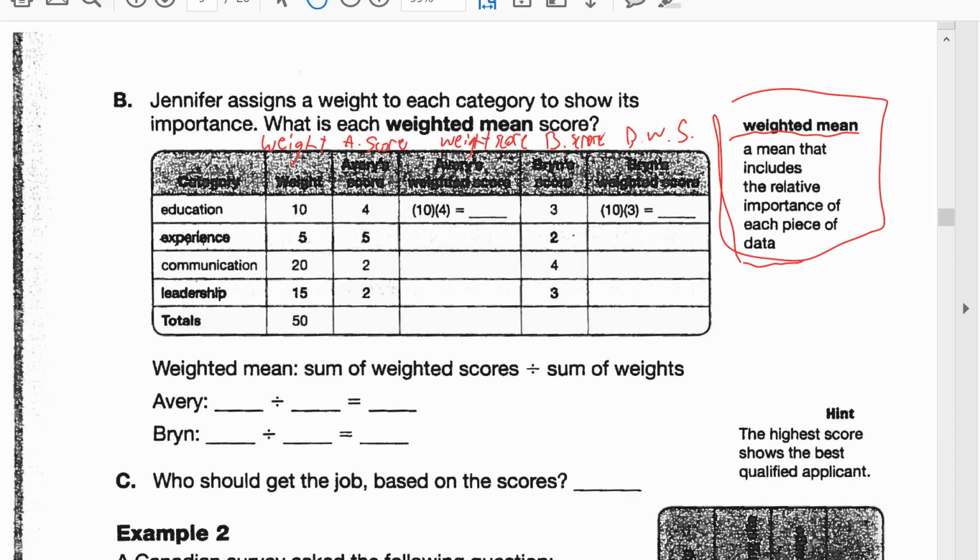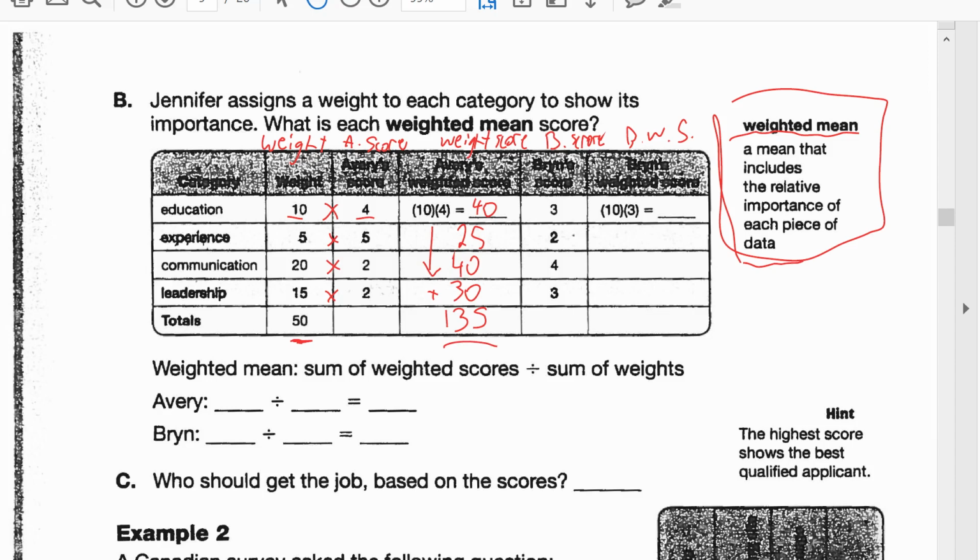So the way to do this is 10 times 4 is 40. So 5 times 5. So we're just going to multiply across. 40, then 25, then 40, then 30. And we add that up to get 135 all the way down. So total 50, 135 for the weighted scores.